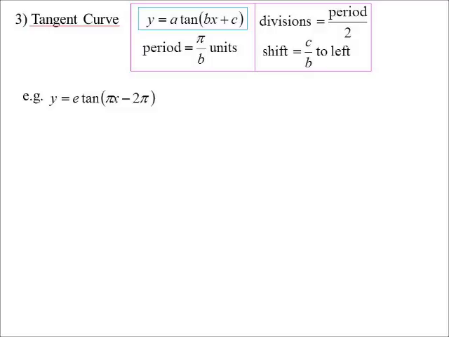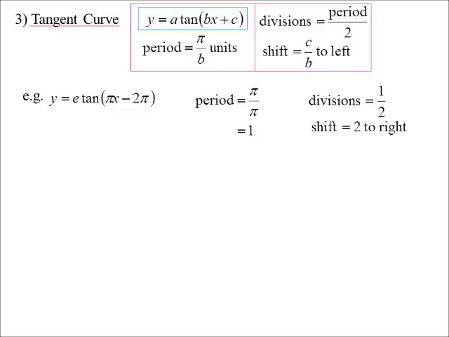We're going to draw y equals e tan (pi x minus 2 pi). Okay. So the period will be pi divided by pi. Oh, just 1. The divisions I'll then mark off every half. And it's shifted 2 to the right.